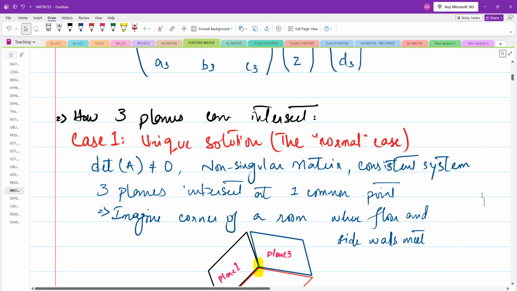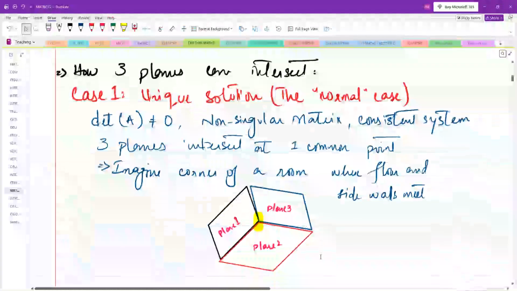We'll go into detail on what a consistent system is moving onwards. But just so you know, whenever the determinant of the matrix A is not equal to 0, that matrix will be known as a non-singular matrix, and number two, it will be known as a consistent system.